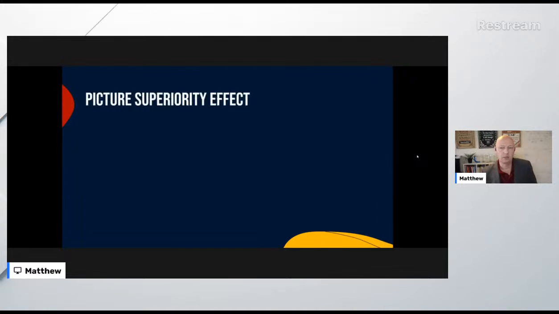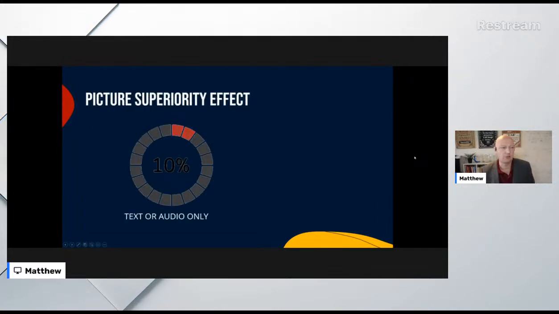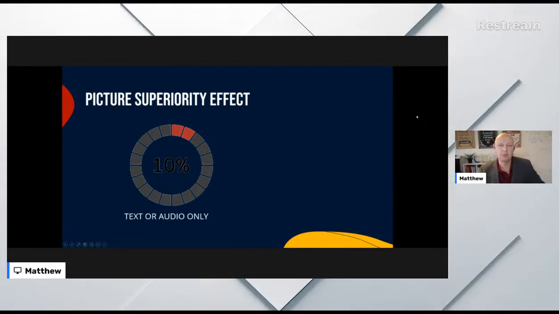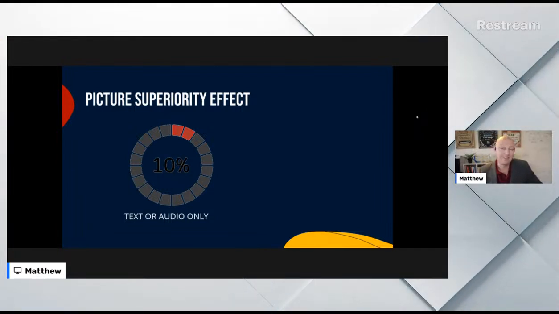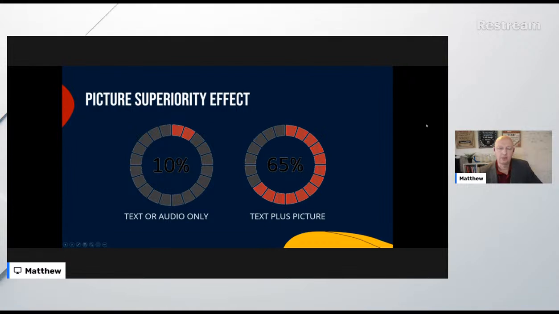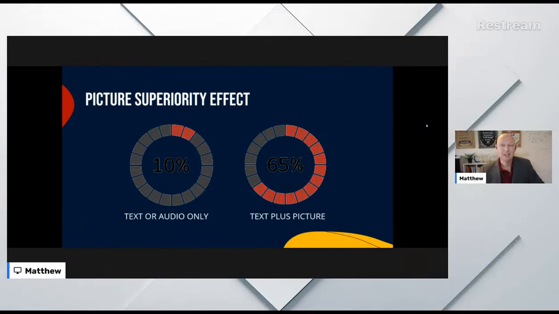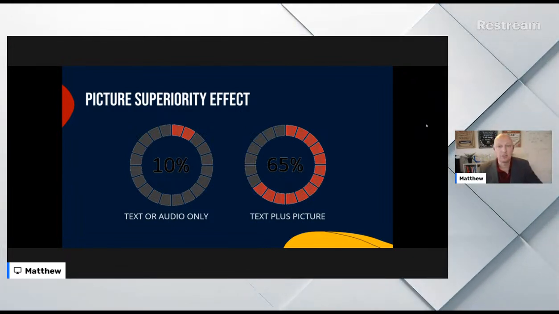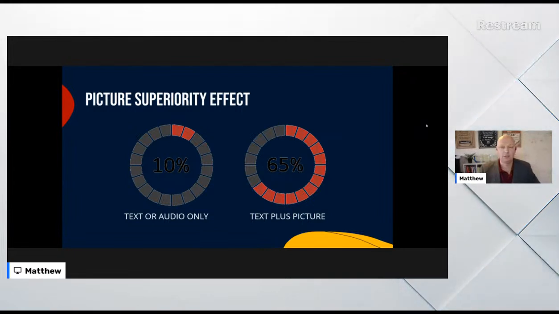This is also reflected in the picture superiority effect, which says that 10% of people will retain information after a period of 3 days where it's text and audio alone, whereas if it's text plus pictures, then the ability to retain that information is going to be greater, higher than 65%.